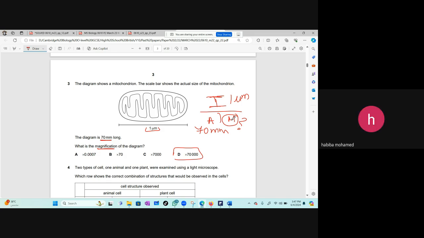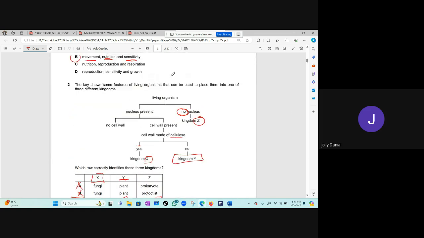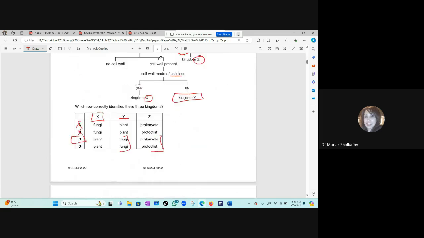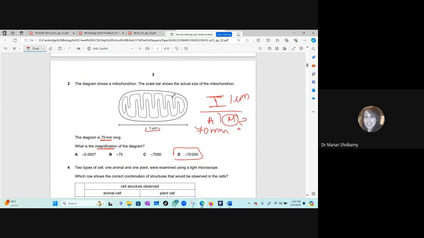So it's going to be A. Is A. No, it's D. But we will convert 1 micrometer into millimeters. 1 micrometer is how many millimeters?